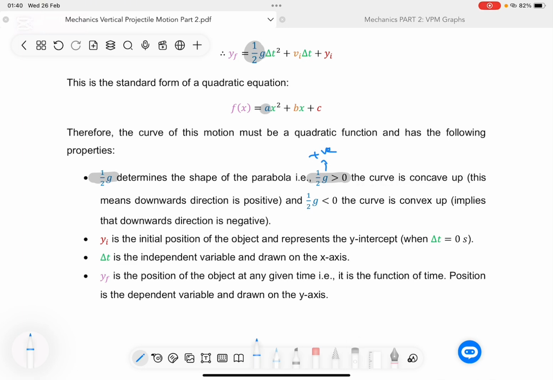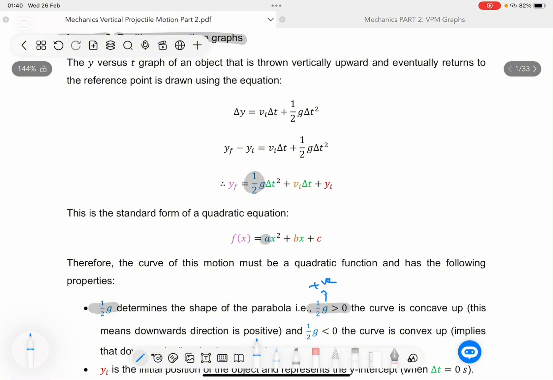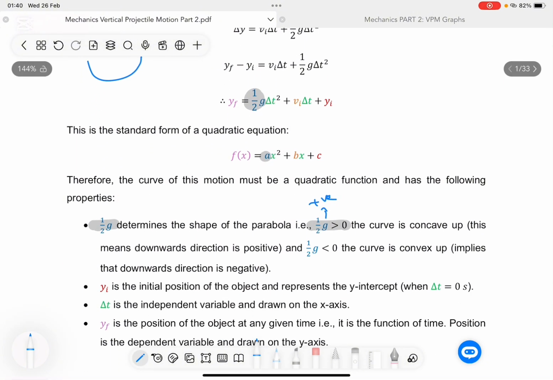This means that our parabola should look like this. Now, what does this mean in terms of the physics? It means that our direction in this case would actually be downwards. Positive will be downwards, because we're saying here that this is positive. It means downwards will be positive.